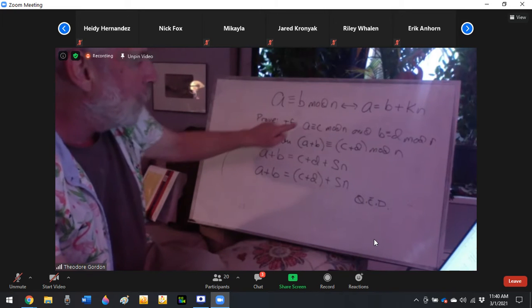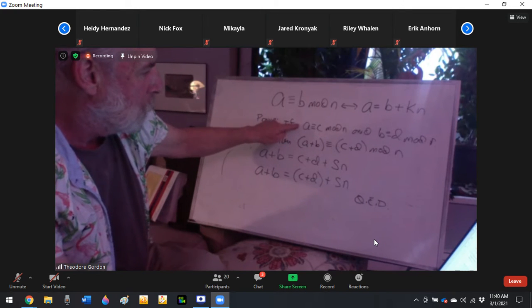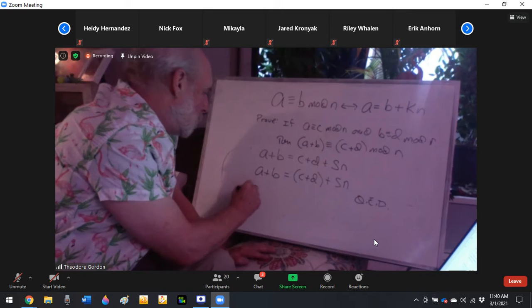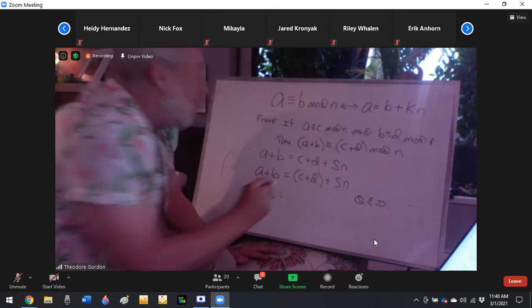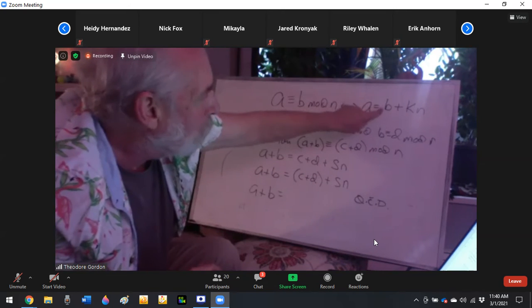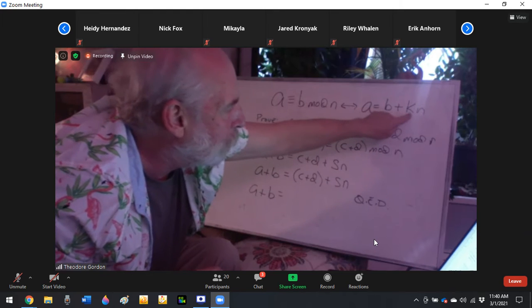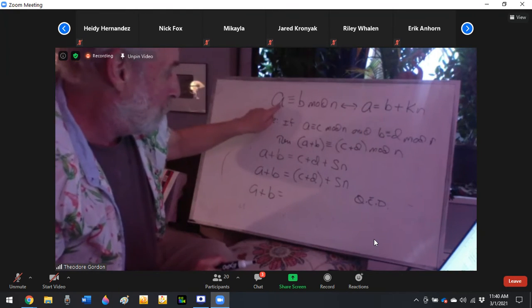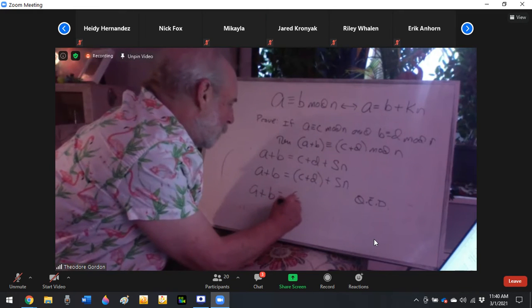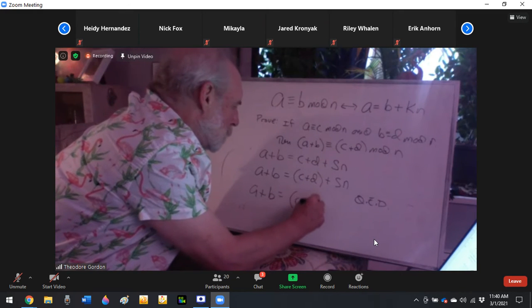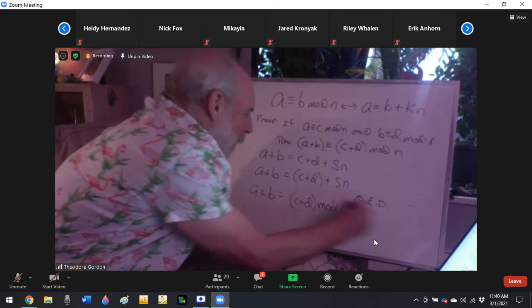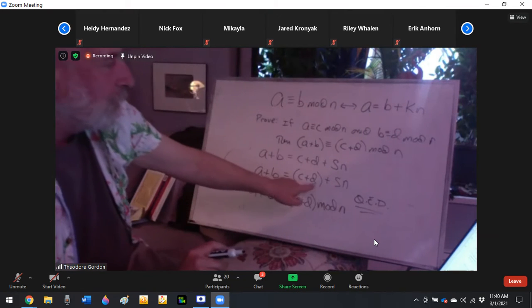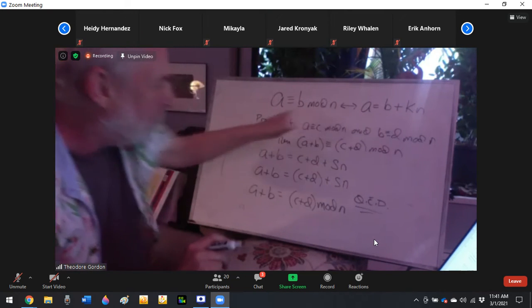So beginning with this, by definition, if you have a number plus a multiple of n equals A, then by definition, this says C plus D mod n. This is a definition going this way.